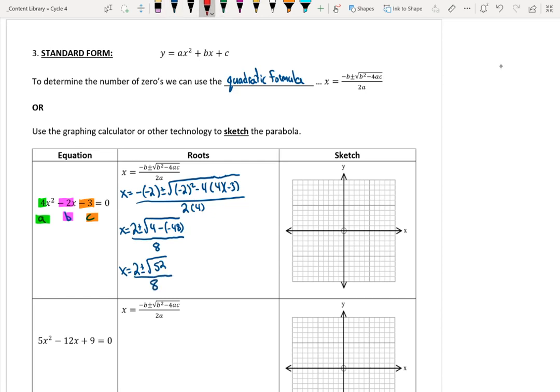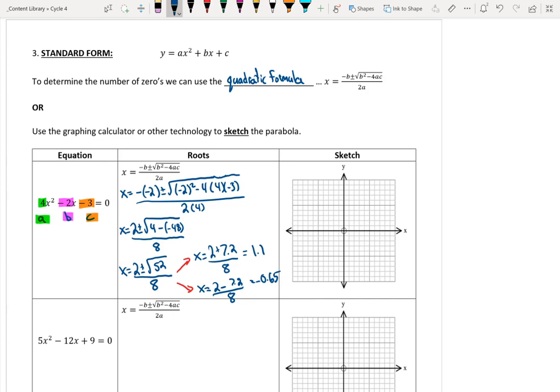So here I would break off into 2 parts. x equals 2 plus 7.2 divided by 8, x equals 2 minus 7.2 divided by 8. So we get basically 1.1, and if we have 2 minus 7.2 divided by 8, we get -0.65.